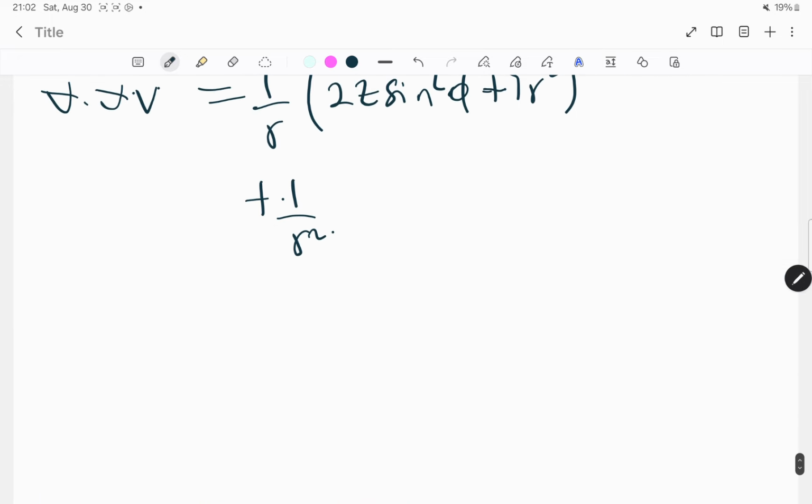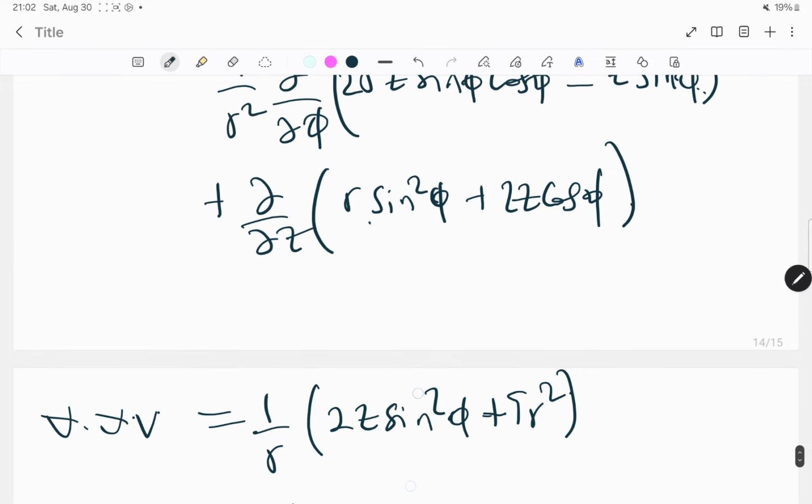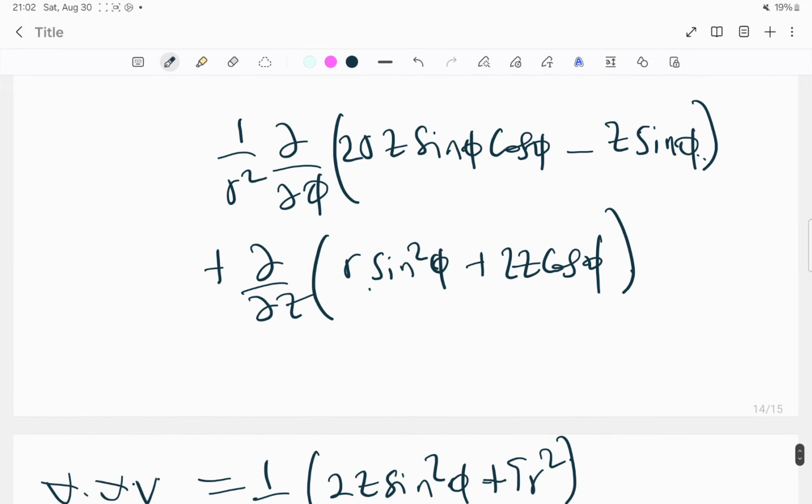If I have sine phi cos phi, we know that we can find a way to replace this.